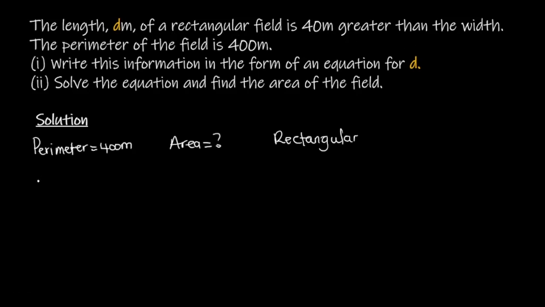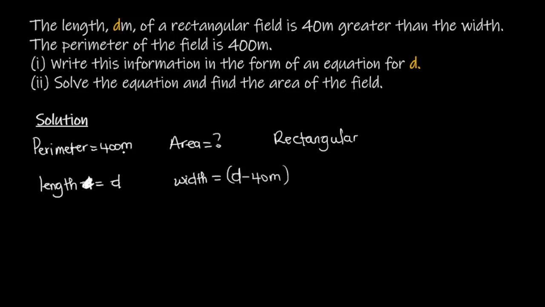Now it means the length is equal to D. Okay, so the length is equal to D. The width of the rectangular field, because the length is greater than the width by 40 meters, it means that to get the width we have to subtract 40 from the length. So the width becomes D minus 40.